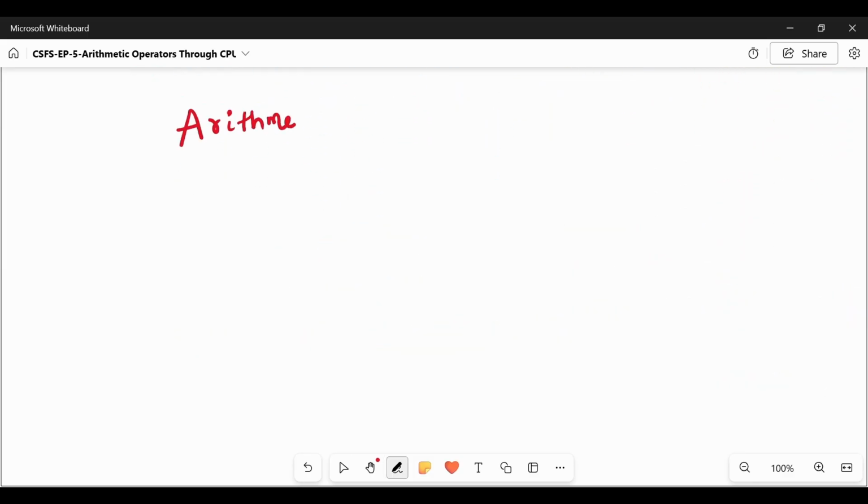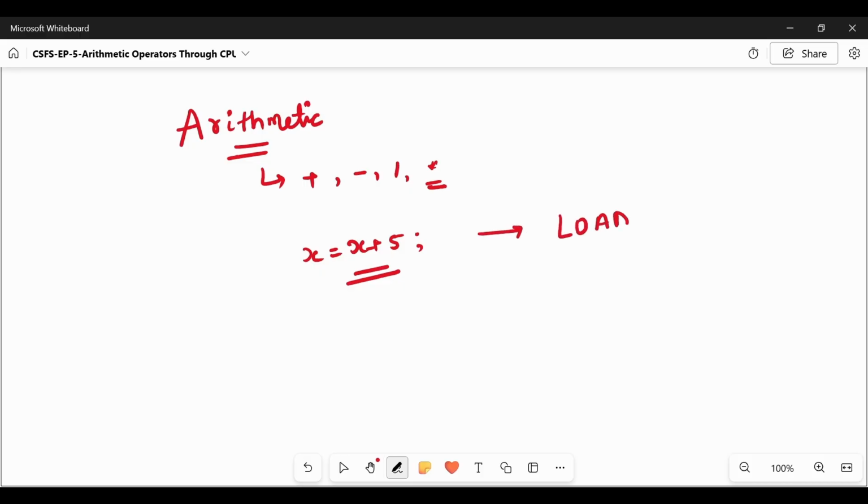Arithmetic means operations like plus, minus, divide, multiply, all these things. When we write x equals x plus 5, we are incrementing x. At this point, what will the machine do? First, it will load the value of x from memory.